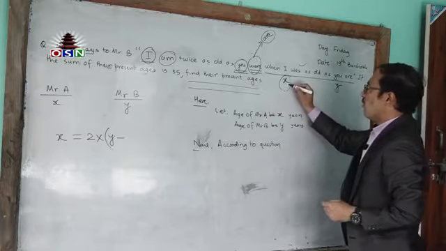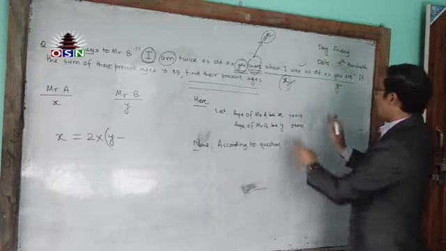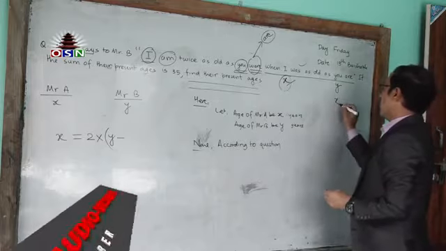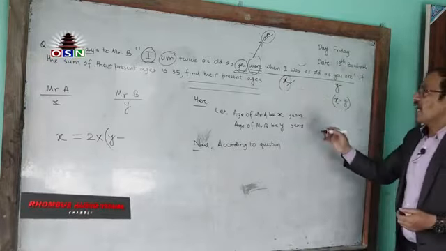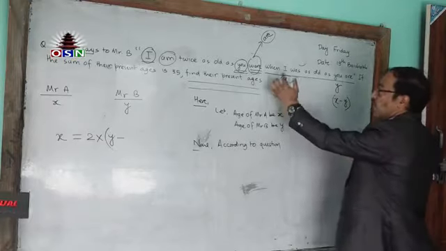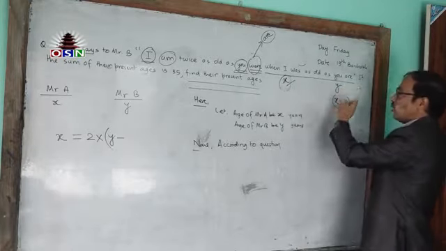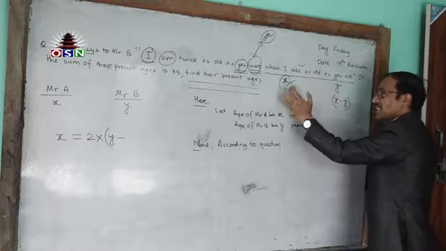The man Mr. A, when he was Y years, means X minus Y years before. You should be clear. Once again, when I was as old as you are, this statement is stating that Mr.